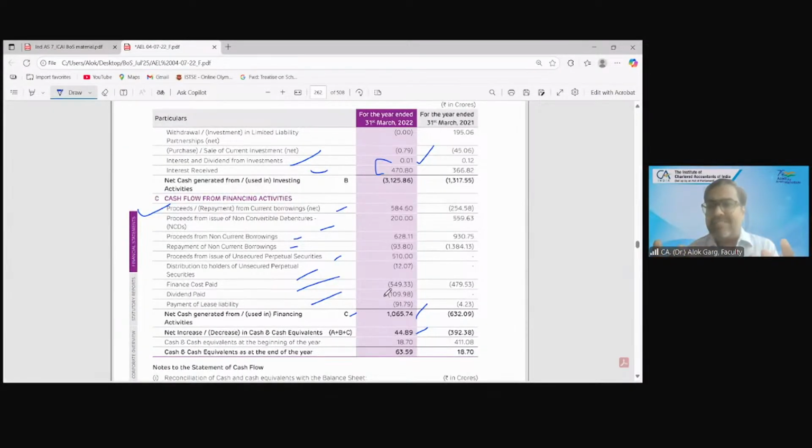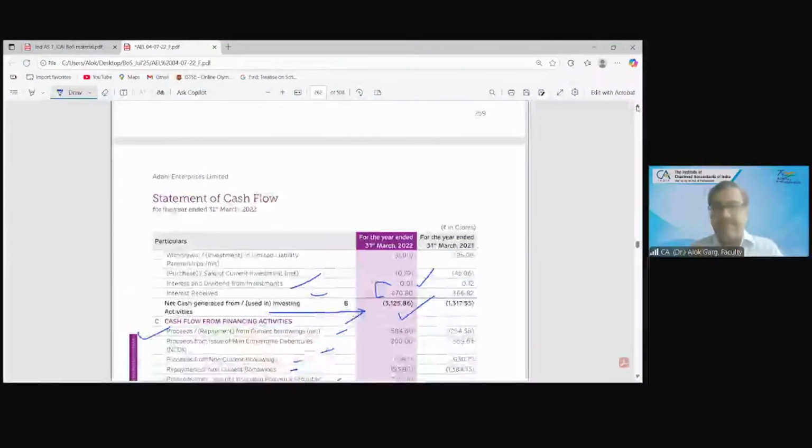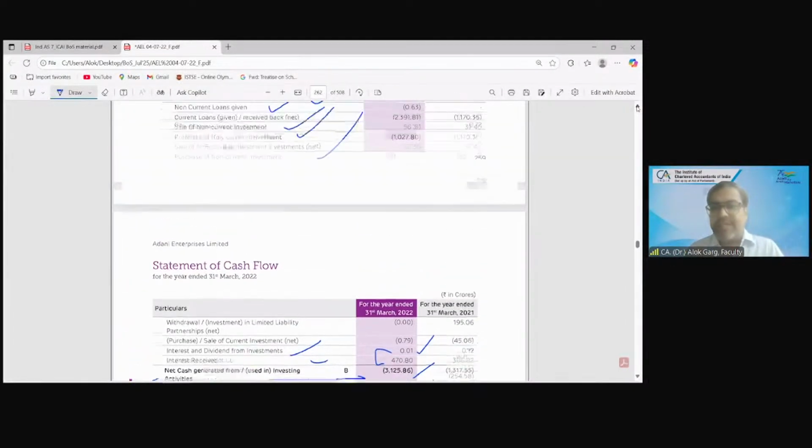So this company has taken a loan and generated 1000 crores. So how much cash have they generated from operating and financing? 3100 crores. And what have they done? They have deployed this 3100 crores in long-term assets, right? You can see 3000 crore is the negative investing activity.